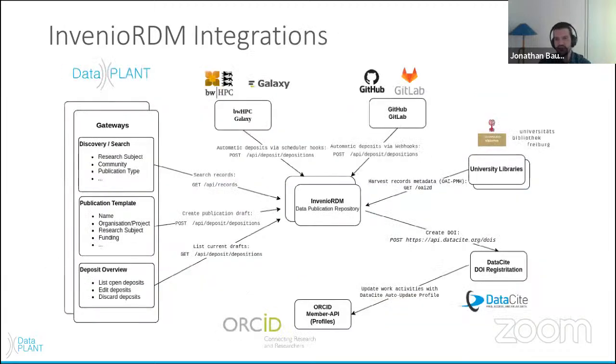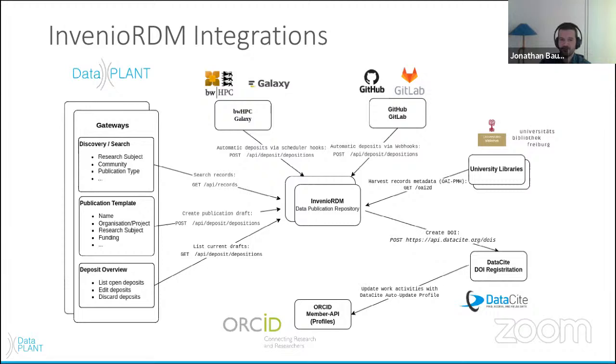So I'm not going to go into details, but there are a lot of integrations which you can think of. One of the most prominent ones is probably the ORCID profile update. We had different versions of how to make this possible. Now we're aiming to simply use the DataSite auto update profile module.